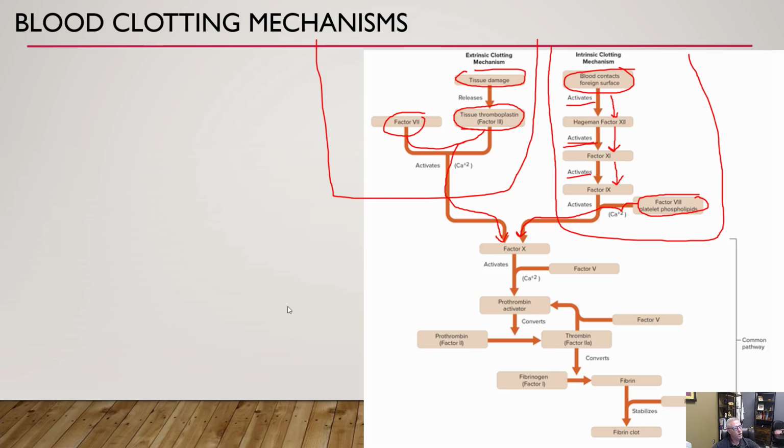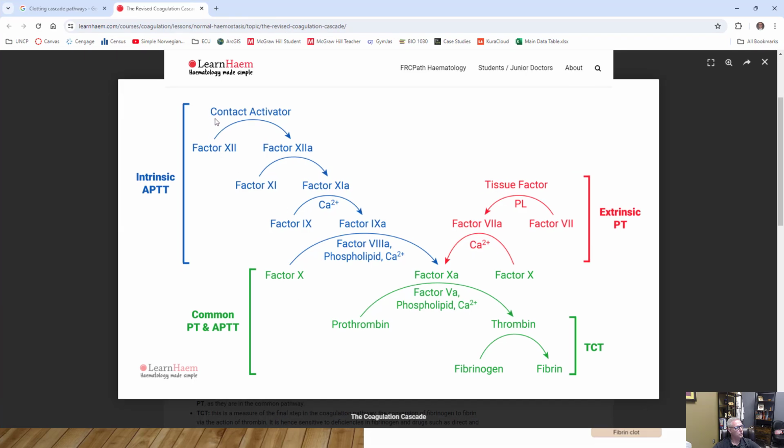So what do all of these activators mean? Here we have the contact activator. Factor 12 gets converted into factor 12A, and factor 12A is the enzyme that's going to convert factor 11 into factor 11A.